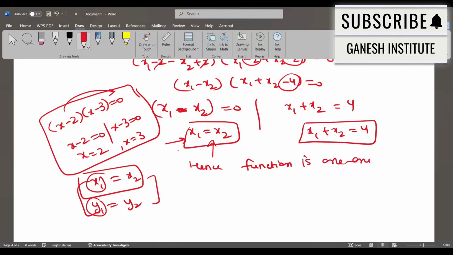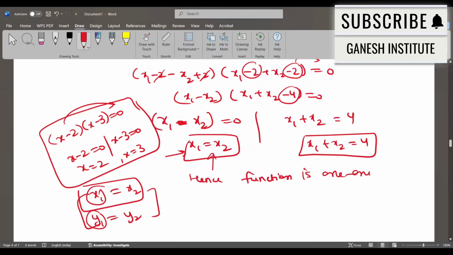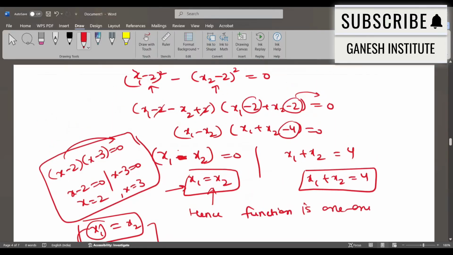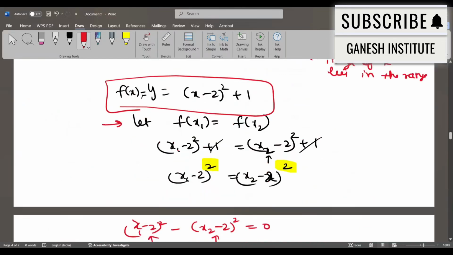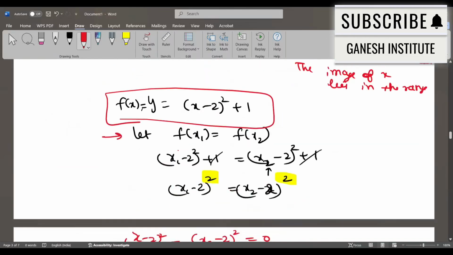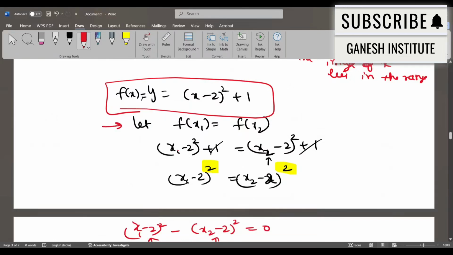Does this make sense? No. Why? Because the answer is not coming out as 2. This is just to prove that it's injective, right? Injective, yes.